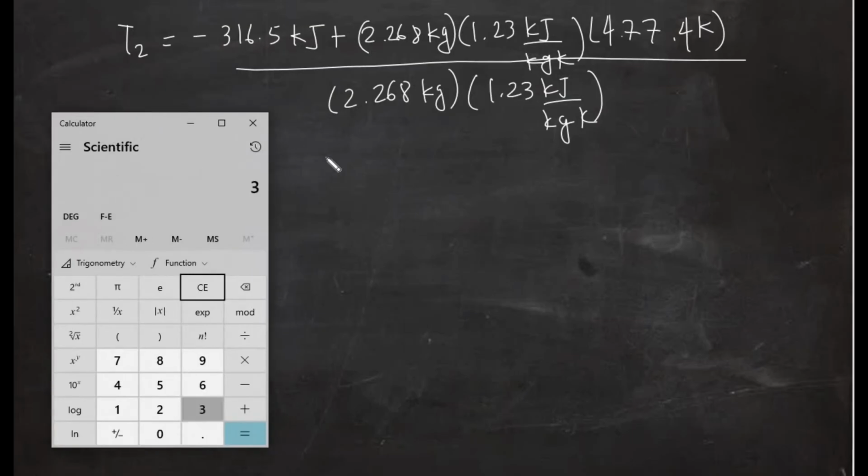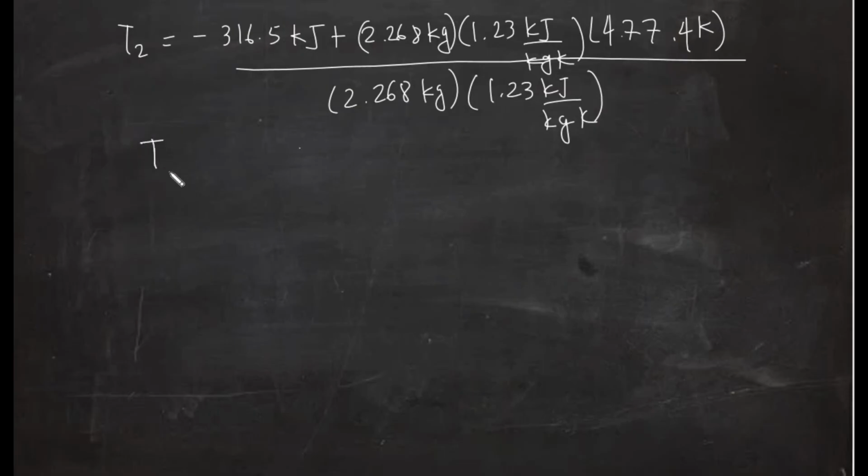So we have negative 316.5 plus the quantity 2.268 times 1.23 times 477.4. Then let's divide that by 2.268 times 1.23. Okay, so the answer for our T sub 2 is 363.94 Kelvin.